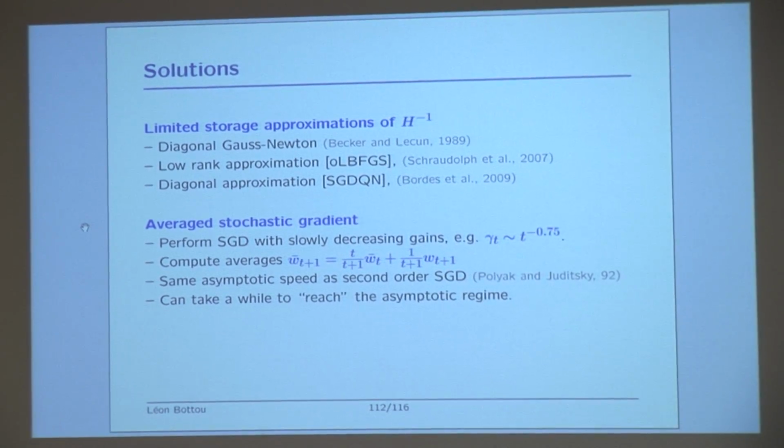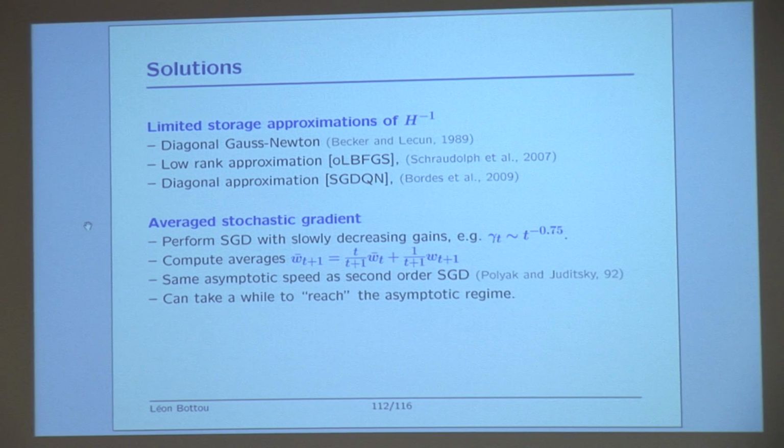And there is a method that's actually very surprising. And to be absolutely honest, when I write the derivations and I get the result, I still don't understand how I get there. I don't have the intuition. Instead of having 2 terms to balance, you have about 4, and you have to balance exactly right, and suddenly things happen. So you do SGD with gains that are slowly decreasing.